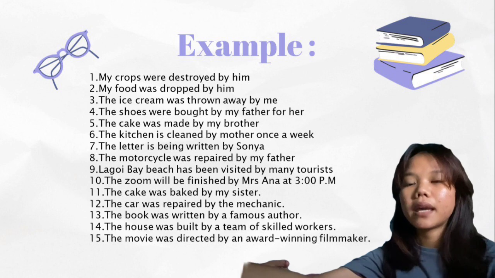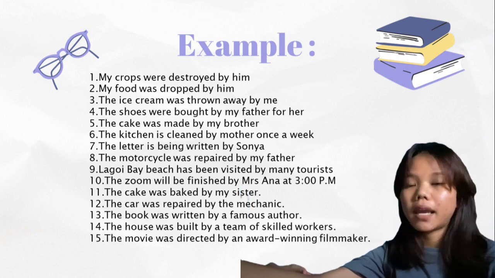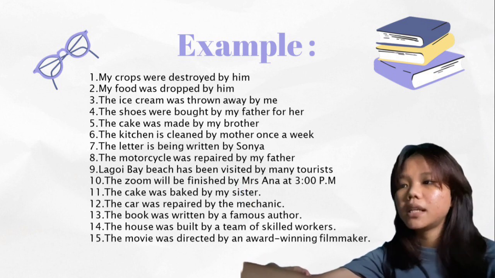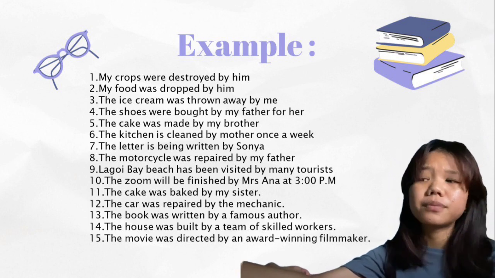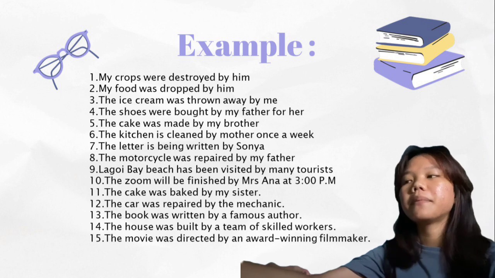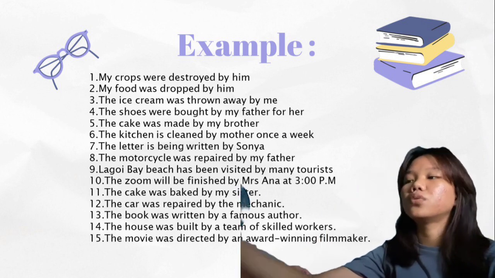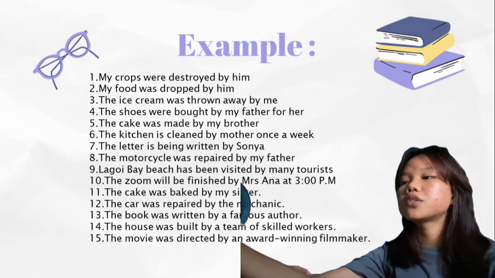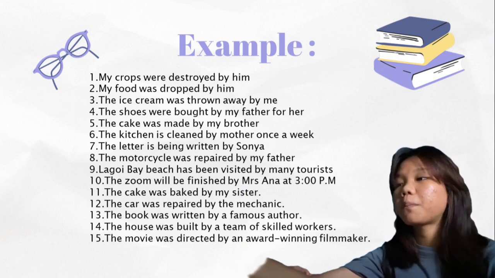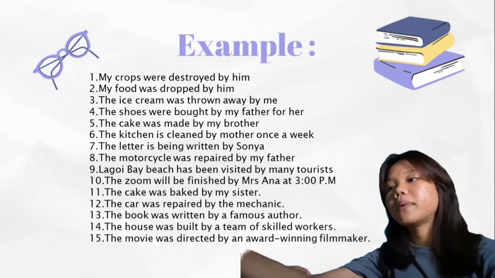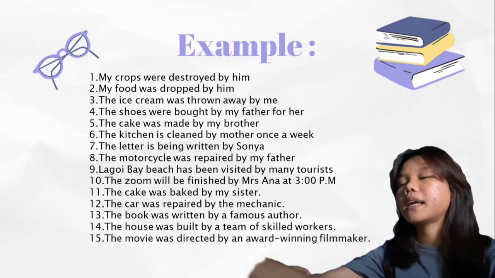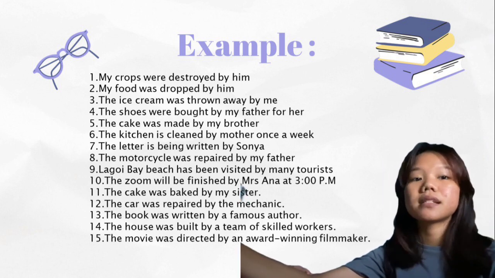My crops is the object, were is to be, destroyed is verb 3, by him is the subject. 2. My food was dropped by him. My food is the object, was is to be, dropped is verb 3, by him is the subject.